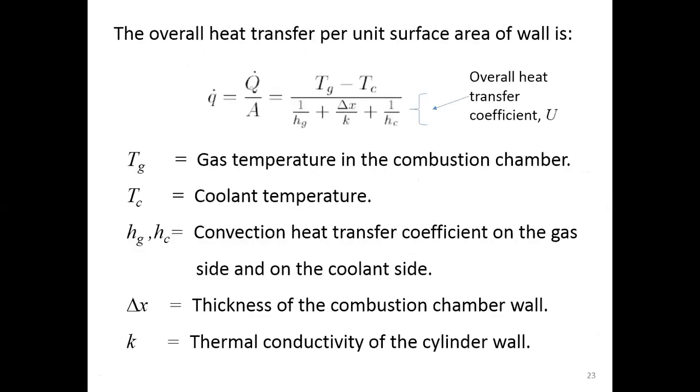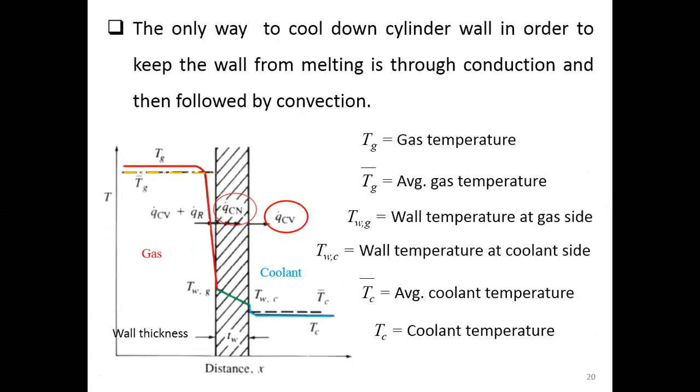Okay, another heat that we can talk about is the overall heat transfer. That means when we talk about the overall heat transfer, we don't want to talk about the conduction heat transfer or the convective heat transfer one by one. We don't talk about this heat one by one.